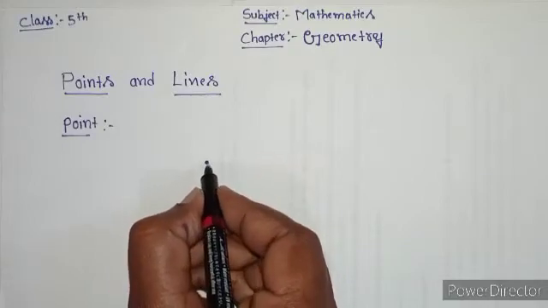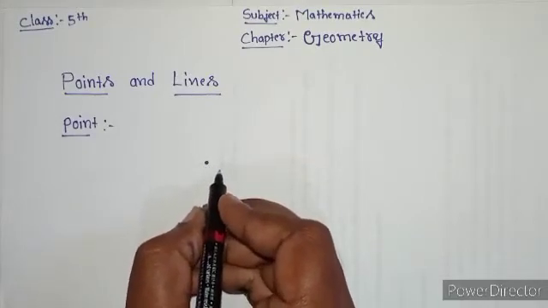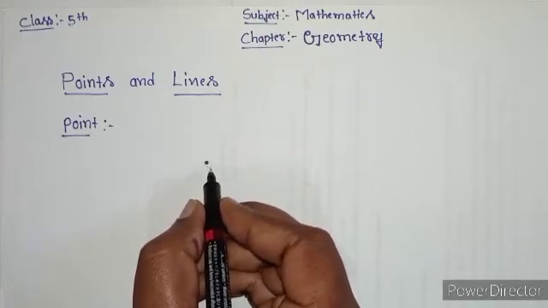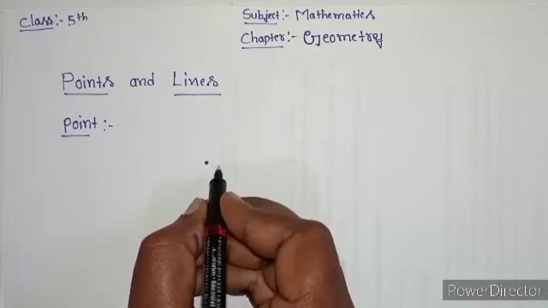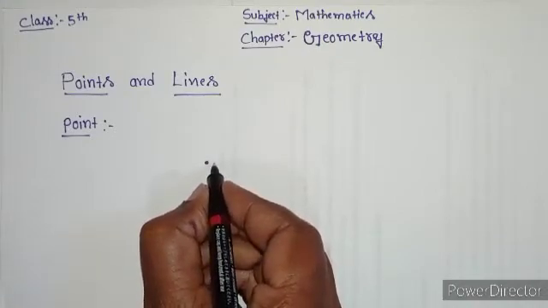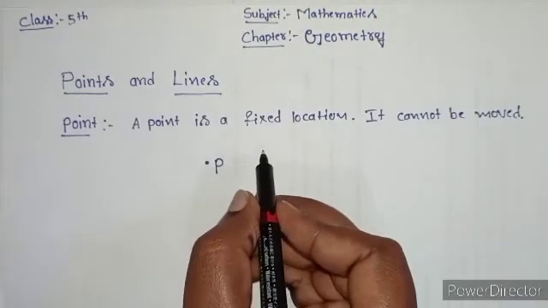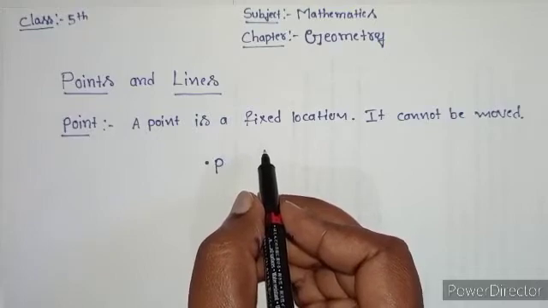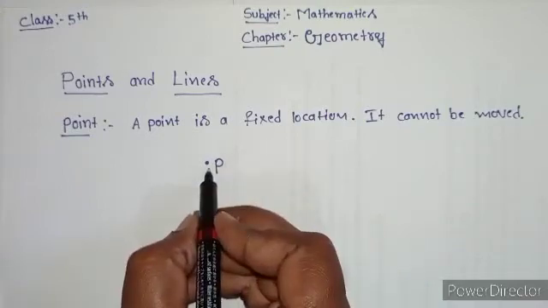Here this is one point, right? We are going to represent this point by a capital letter of the English alphabet. For example, this point is P. A point is a fixed location and it cannot be moved. A point may be represented by drawing a dot on the paper.